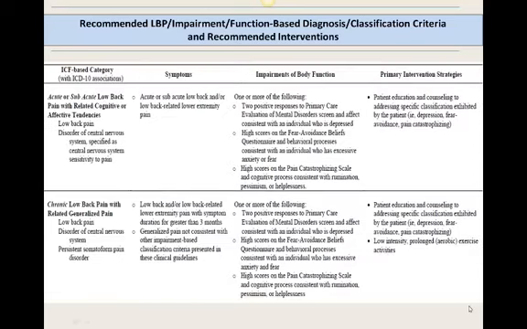Acute or subacute low back pain with cognitive or affective tendencies is usually described as a disorder of the central nervous system. Symptoms are acute or subacute low back pain, and they may have lower extremity pain as well.